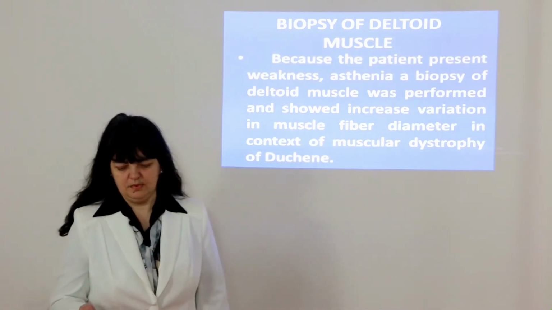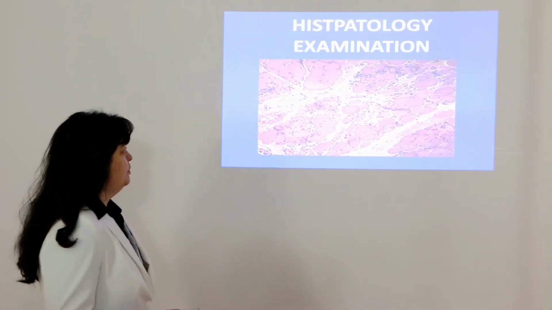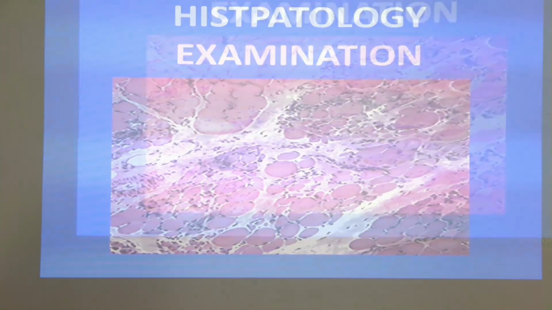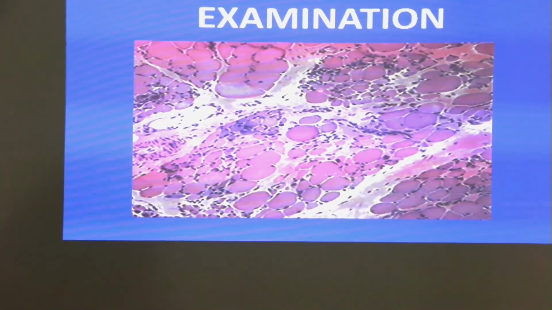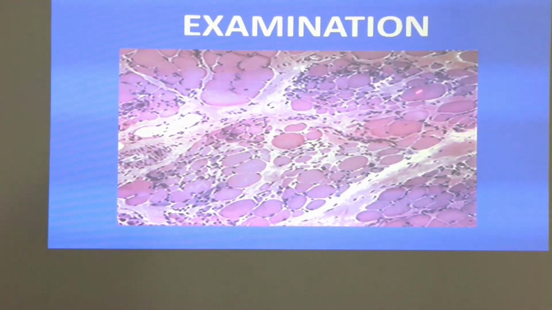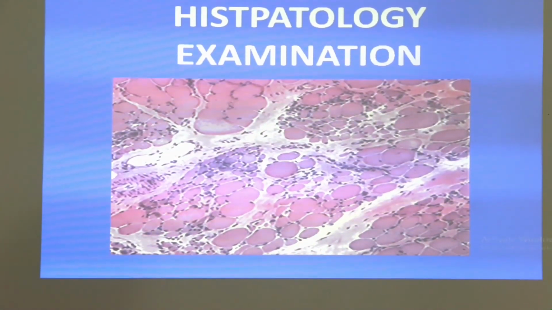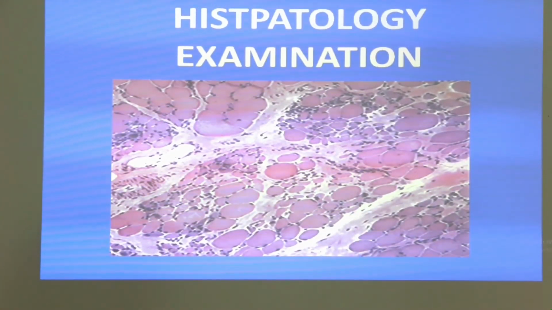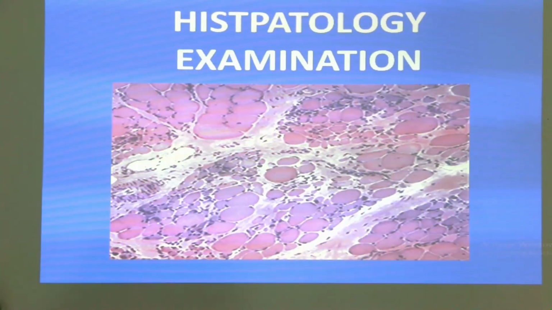In the next slide, we can see together the histopathologic examination of the young patient after the biopsy from the deltoid muscle was performed. In this image, we have a few specific elements which we'll discuss immediately, which confirm the diagnosis of Duchenne muscular dystrophy.